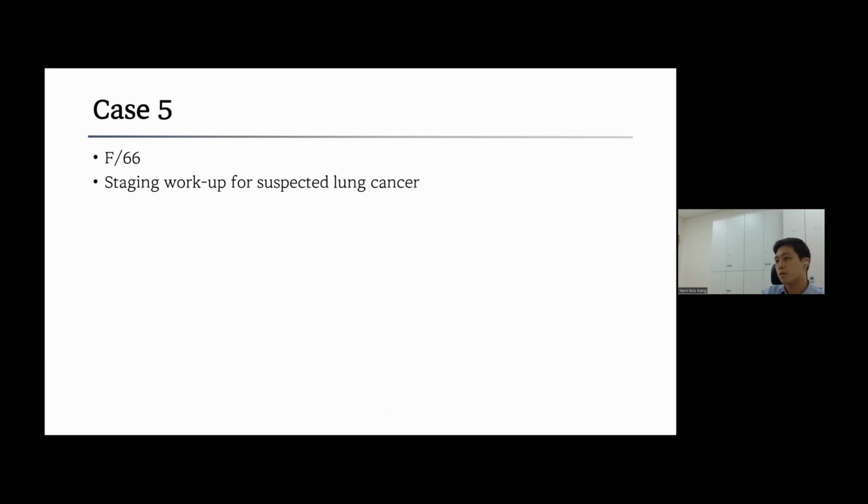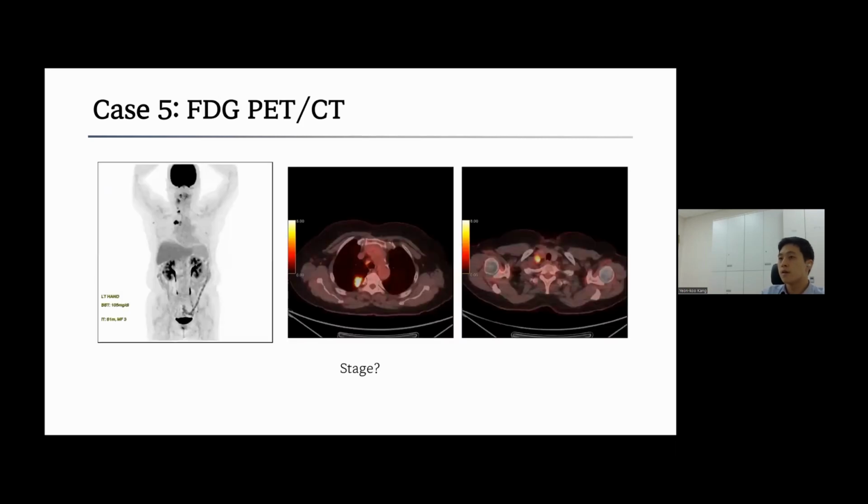The fifth case is about a 66-year-old male patient who underwent FDG-PET-CT for staging of suspected lung cancer. These are FDG-PET-CT images. And what's the stage?